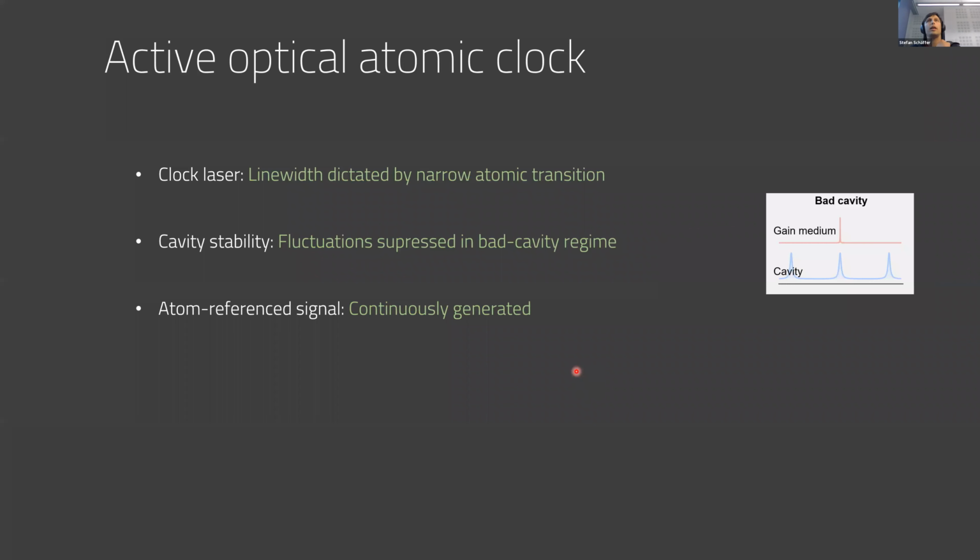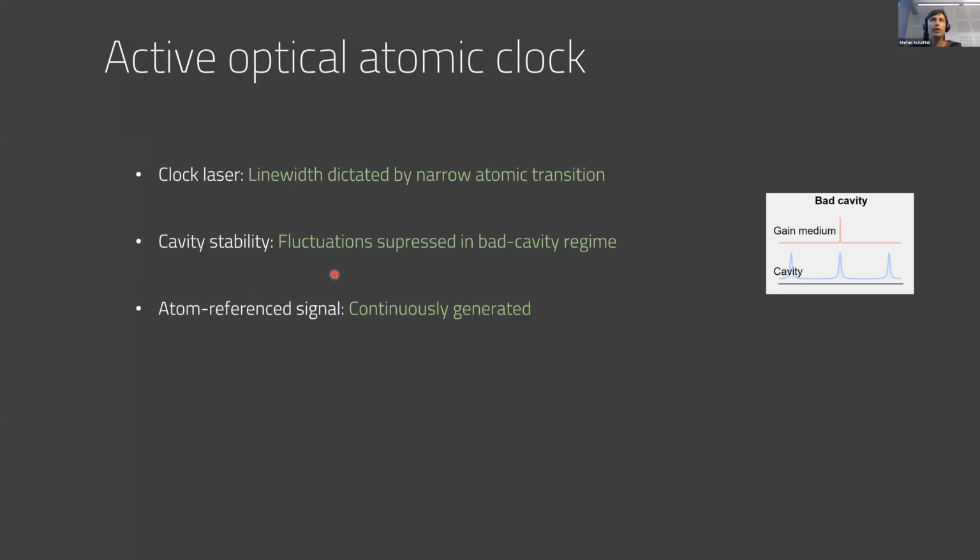Okay, so in an active optical clock, the clock laser itself has a line width dictated by some narrow atomic transition. So this in itself means that you can use some clock transition to define a very narrow natural line width of your laser.